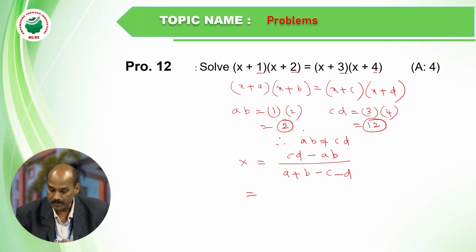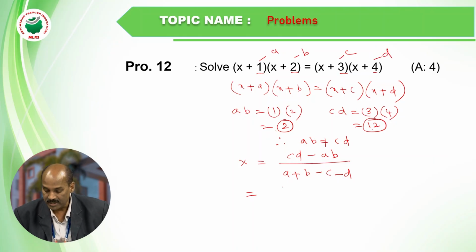This is A, this is B, this is C and this is D. Now substitute here. We got CD as 12, minus AB which is 2, divided by A value 1 plus B value 2 minus C value 3 minus D value 4.